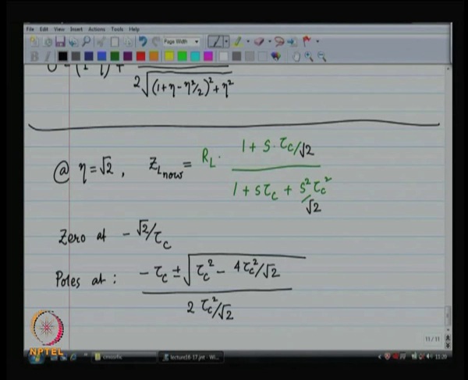Okay. So, these are the locations of the poles.